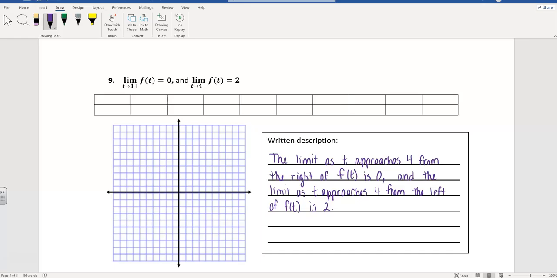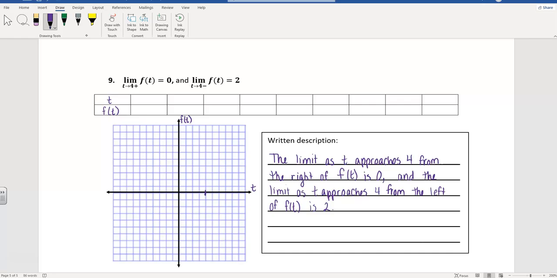I would label my table and my graph. You're going to have t and f of t. Here the x-axis is t. The y-axis is f of t here. Those are easy to forget. I am primarily concerned with what happens at 4. Right, so 4 right here is a big concern.